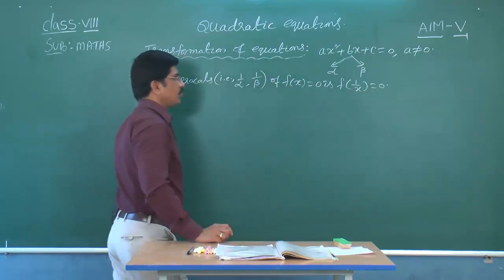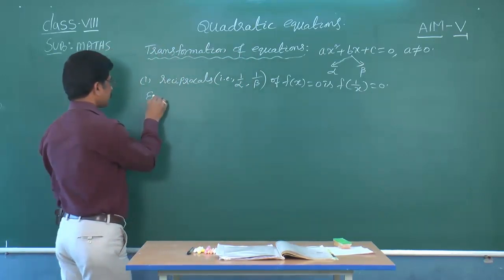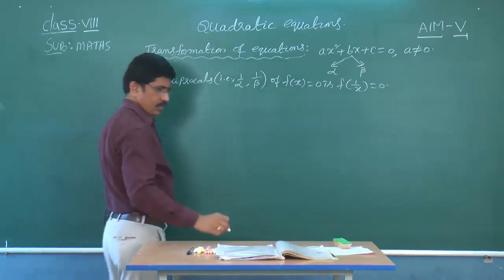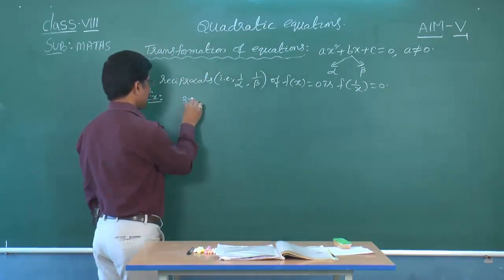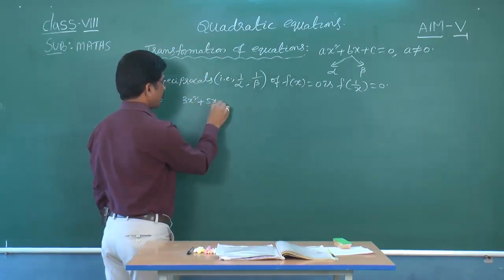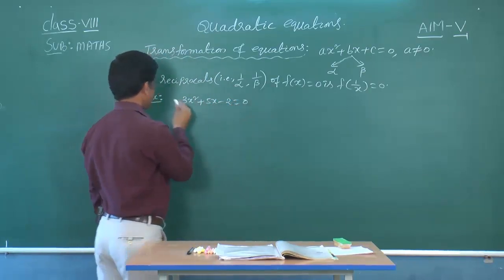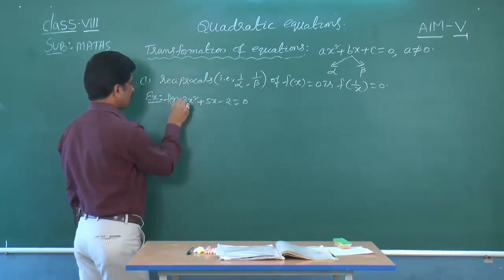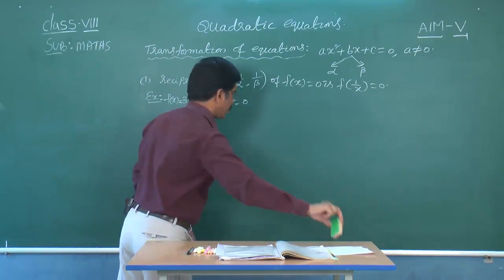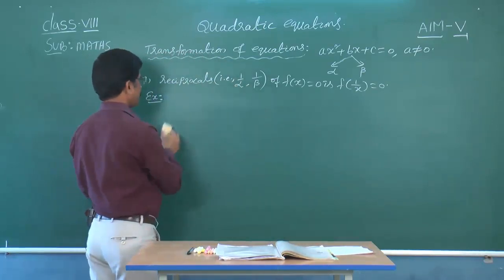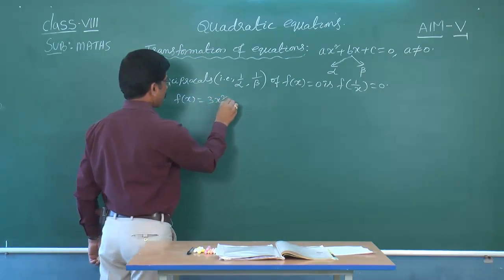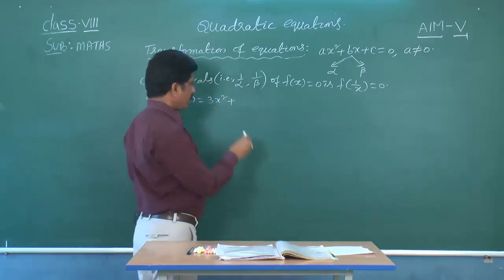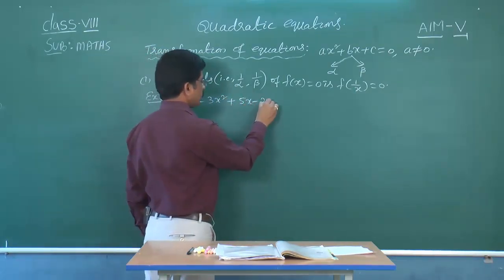Let us take an example. F of x is equal to 3x square plus 5x minus 2 is equal to 0.